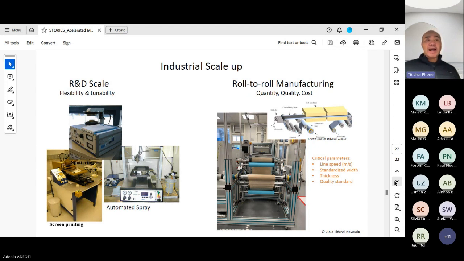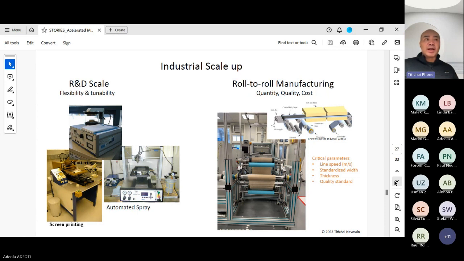So, at that stage, you really are considering quantity, quality, and cost as the three primary objectives, right? And typically, particularly for roll-to-roll manufacturing, this is quite established and standardized. The critical parameters here involve line speed and standardized width and thickness, the three bullets there.